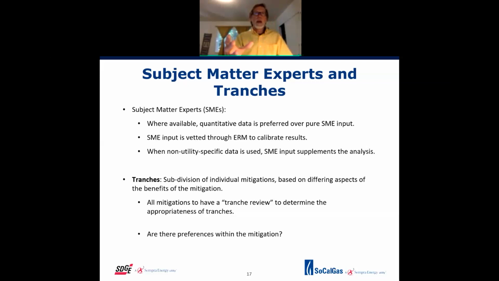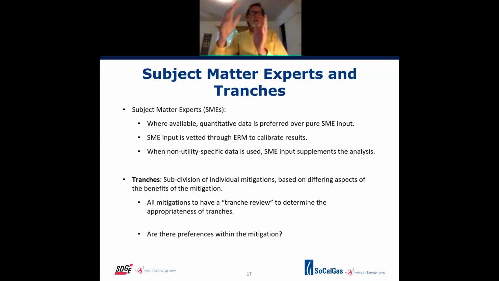And then, Mason, you were suggesting with fuses, and this would be good too, that if there's two different kinds of fuses, they should be separate mitigations. They shouldn't be put together as the same mitigation, because the different kinds would likely have different impacts on risk reduction. So they should be analyzed separately. So that's one side of granularity.